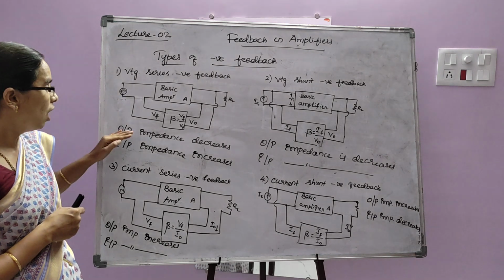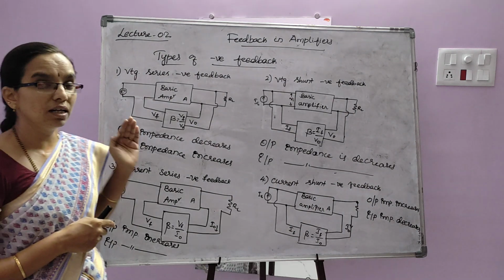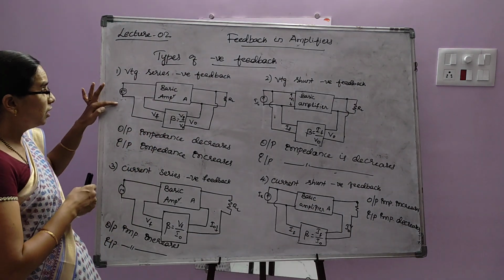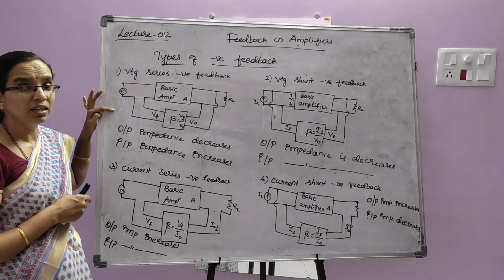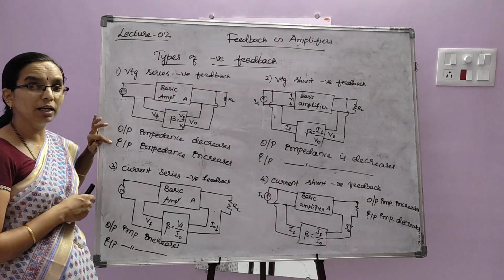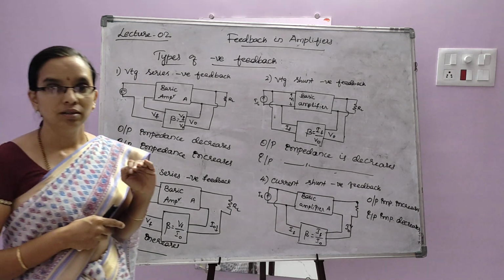And how will input impedance and output impedance increase or decrease? In the case of voltage series negative feedback, we are going to derive the expressions for output and input impedance when the feedback connection is connected.